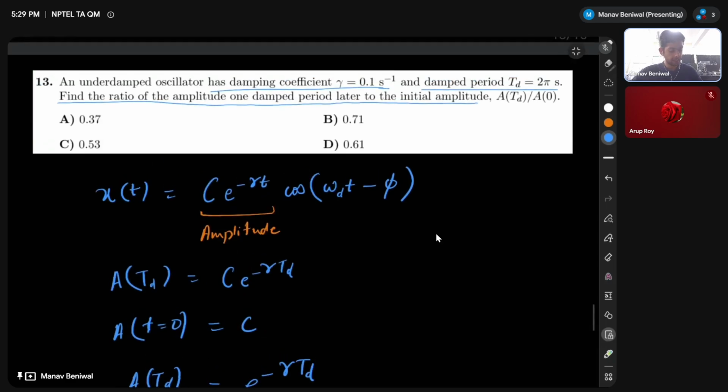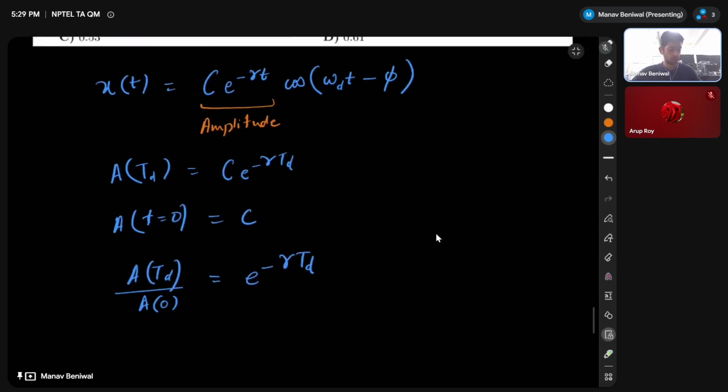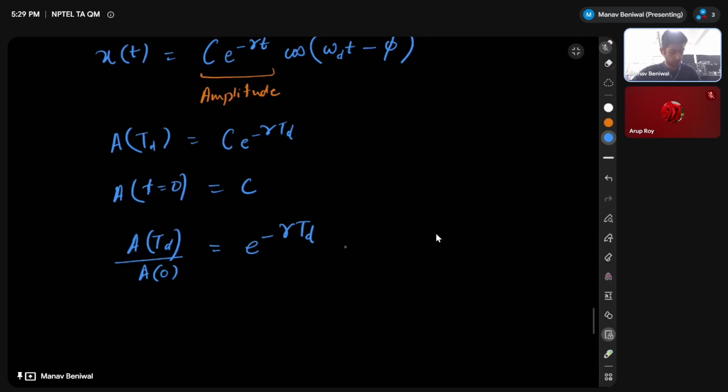Gamma is 0.1, Td is 2 pi, so plugging in these values, e to the power minus 0.1 into 2 pi.